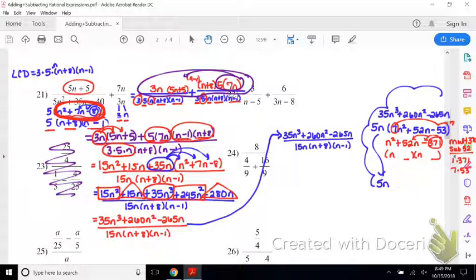But that means that this numerator factored out is this right here that I circled in purple, up there where I started doing my alien. So when I come back over here, I'm going to rewrite that in my numerator. So I had that 5n, and it was times 7n squared plus 52n minus 53, all over the least common denominator there.